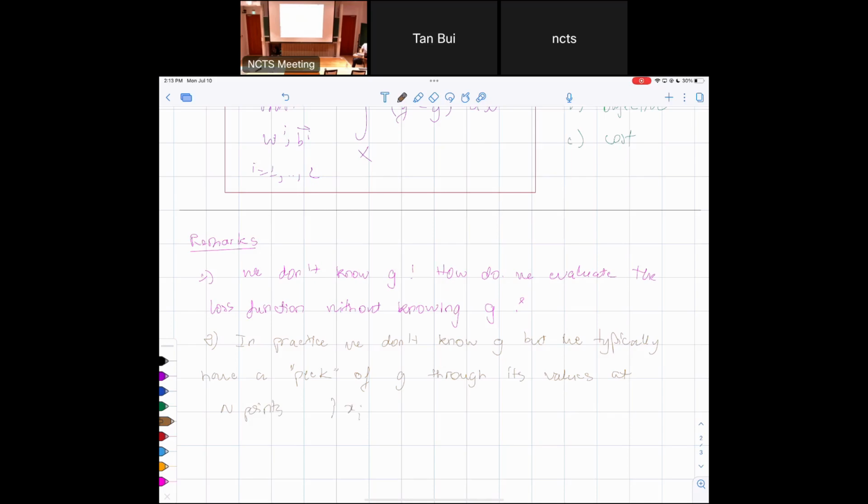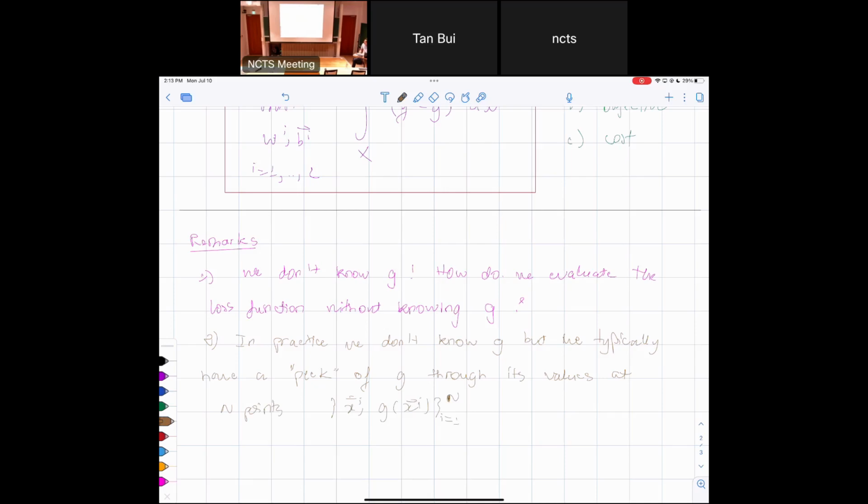So typically, this is what we get. We get xi, and then we have G(xi). Remember that we are talking about supervised learning right now to make things simple and more intuitive, with i from 1 to n.